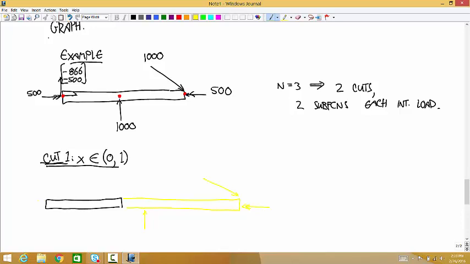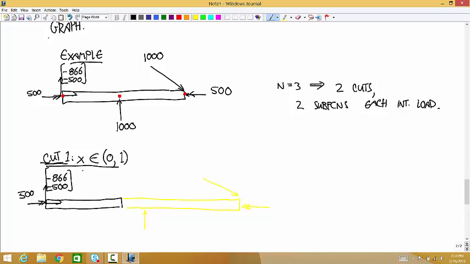We only care about this piece. And so what's acting on this piece? The 500 Newton meter torque, and then there's a force vector of negative 866, negative 500.